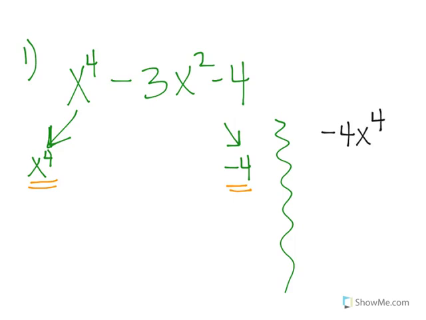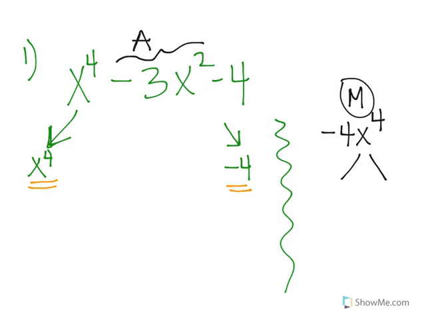And what we want to do now is think about negative 4x to the 4th in a couple of ways. We want to break it down so that the factors multiply to be negative 4x to the 4th, but add to be negative 3x squared.